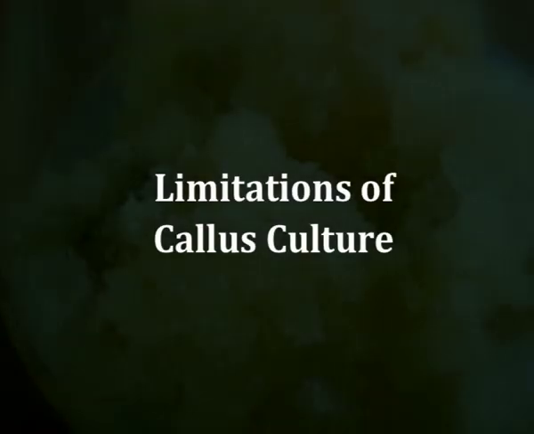Next, let us see the limitations of callus culture. The most serious drawback in the use of callus cultures is in micropropagation, due to the genetic instability of the callus cells.